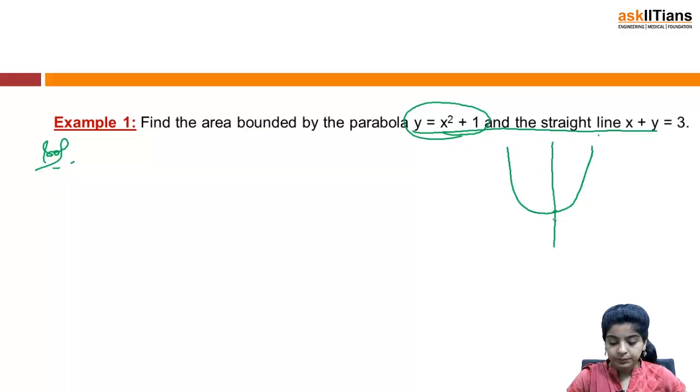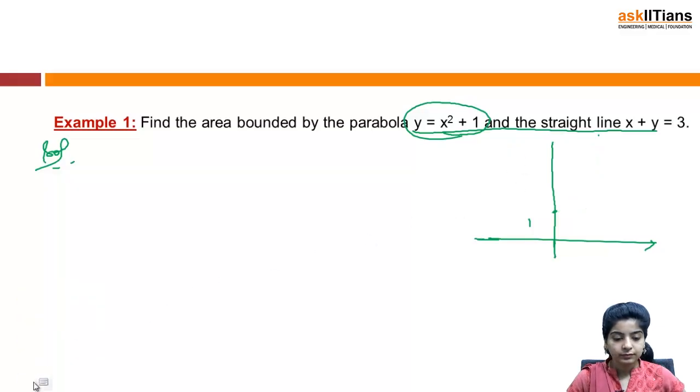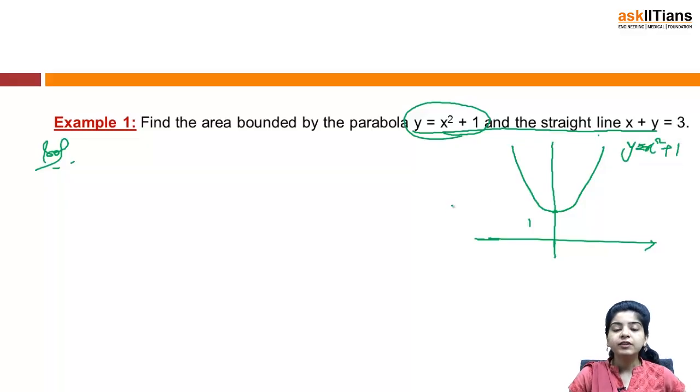So this is 1. This is my axis, and then we have a straight line x plus y equal to 3. Let me draw it again. So I have a parabola y equal to x square plus 1, and then I have a straight line x plus y equal to 3. So this was 1, and then this is minus 1, this is minus 2.